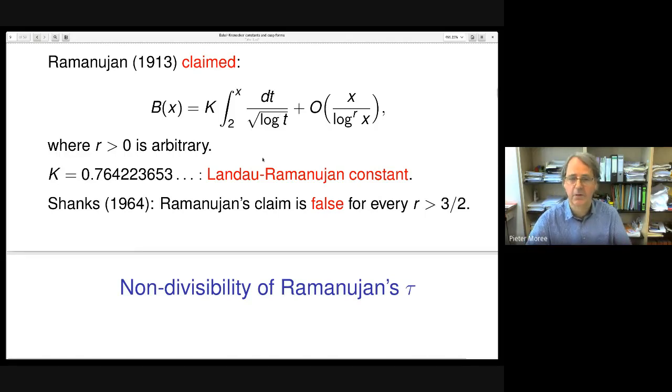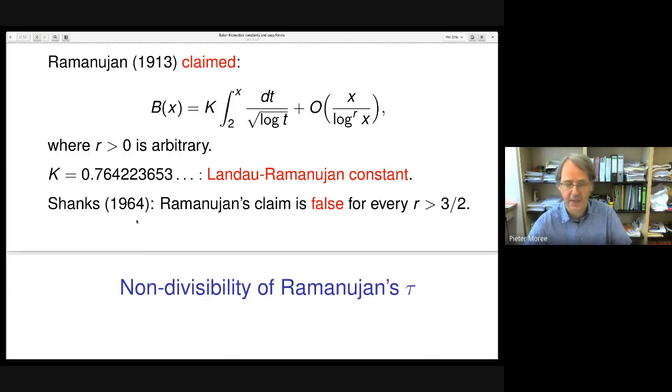And this has some constant, and the constant that's predicted by this formula just doesn't match the true constant that was found by Shanks in 1964. So therefore, Ramanujan's claim is asymptotically correct, but false if you take it more precisely.